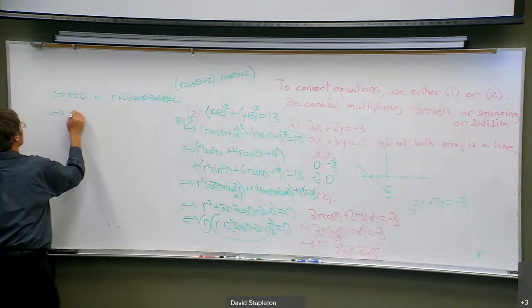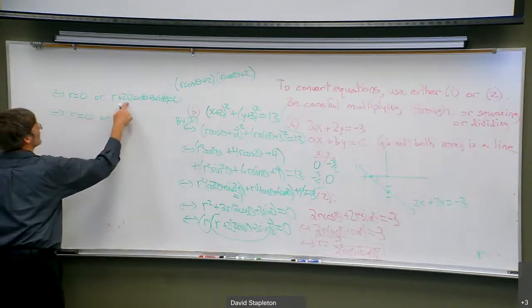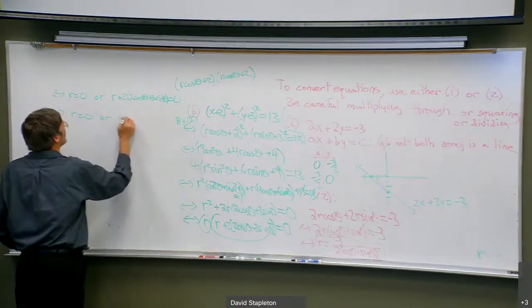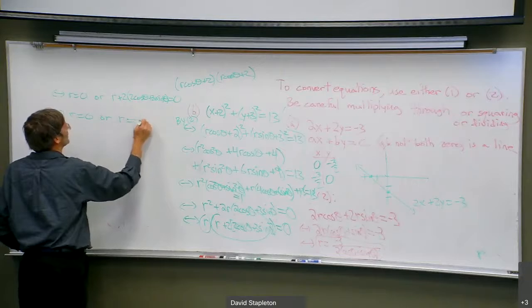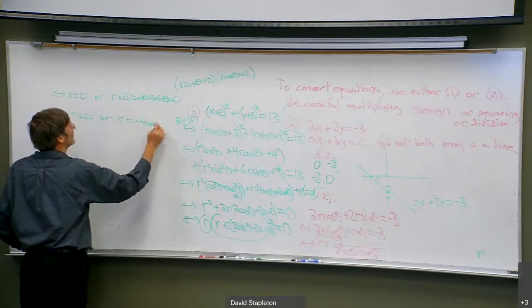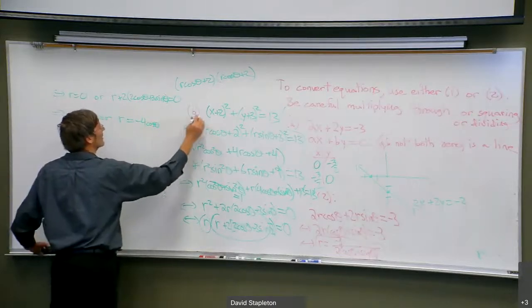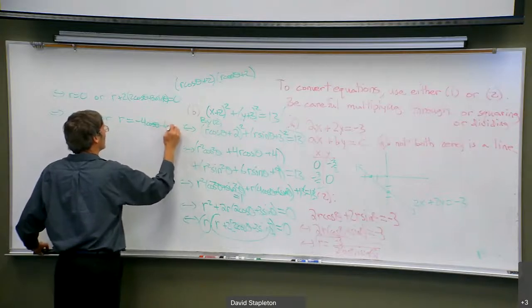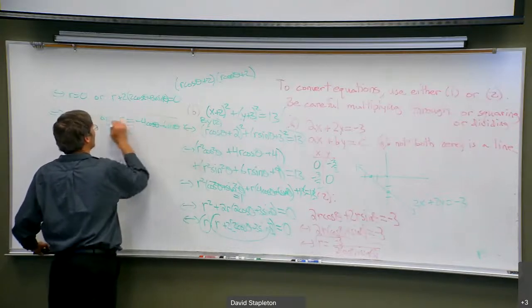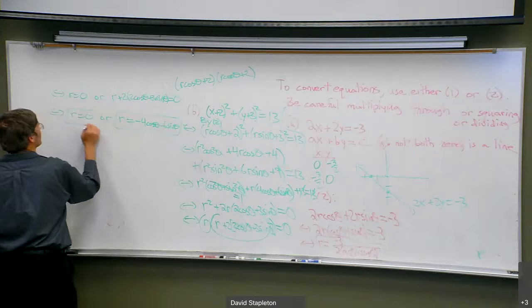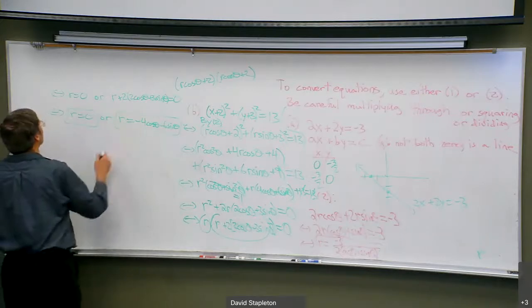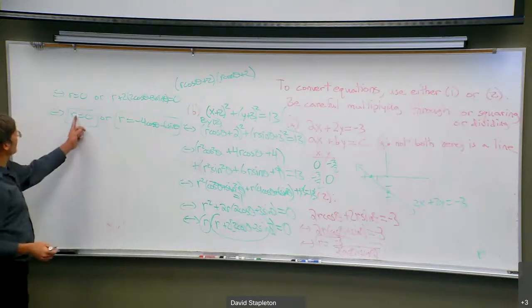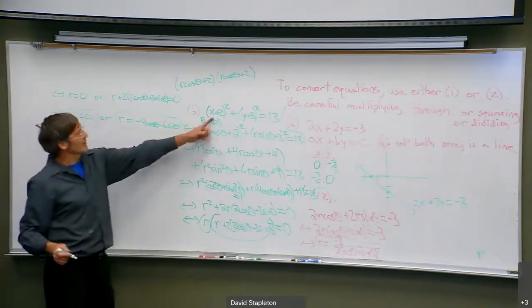The first one is already solved. The second one, if I subtract this over, I've got r equals, let's just write it this way, minus 4 cosine theta minus 6 sine theta. So it actually breaks up into 2 equations, each of which is pretty simple. This is how I write r as a function of theta for this one.